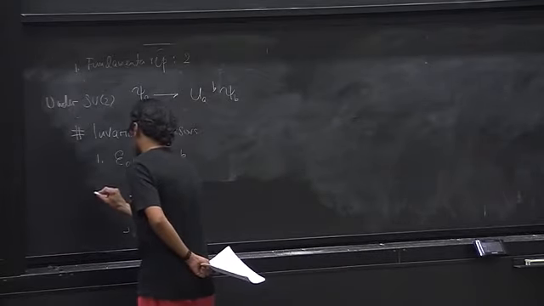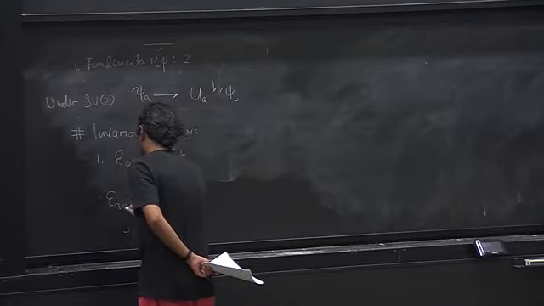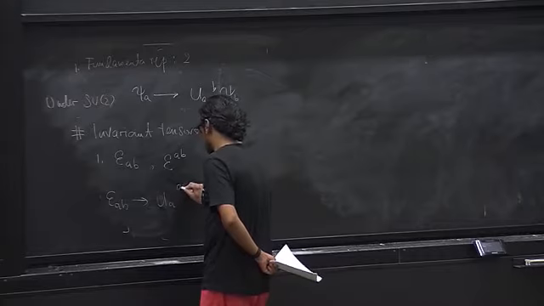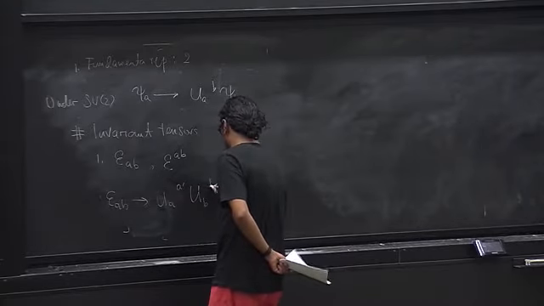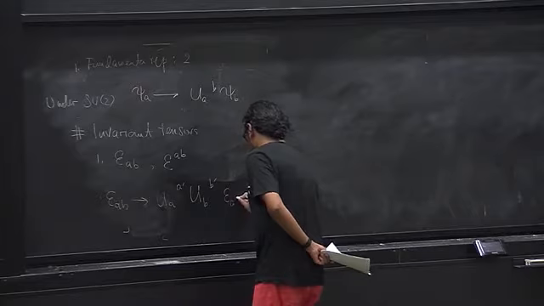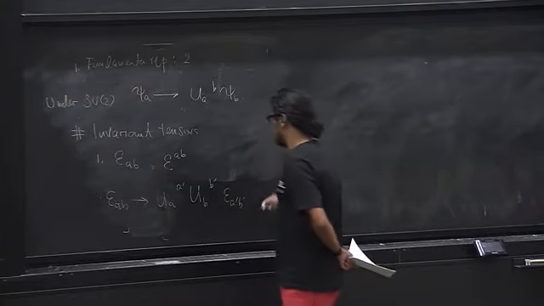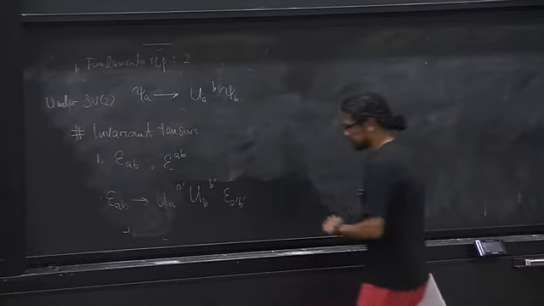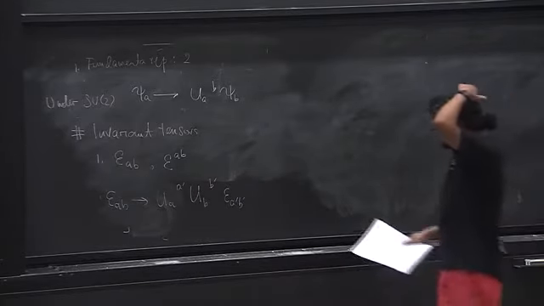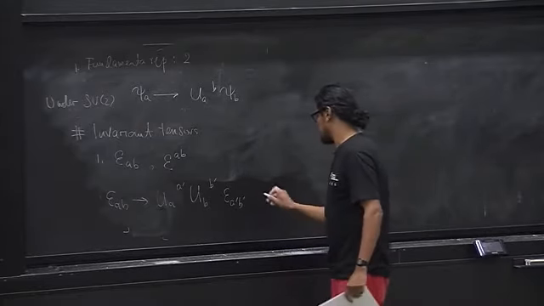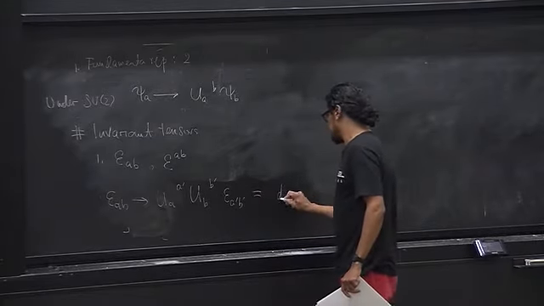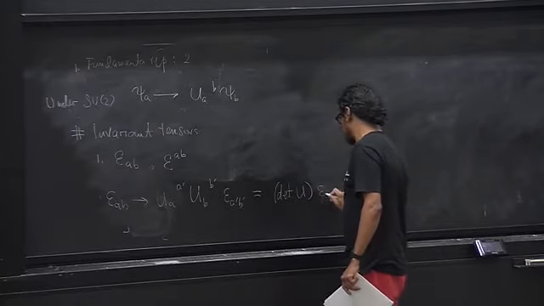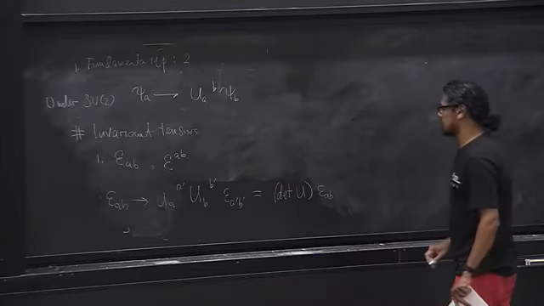Under SU2, this transforms as a rank 2 tensor, but the definition of a determinant tells me that this is the determinant of U times epsilon AB.